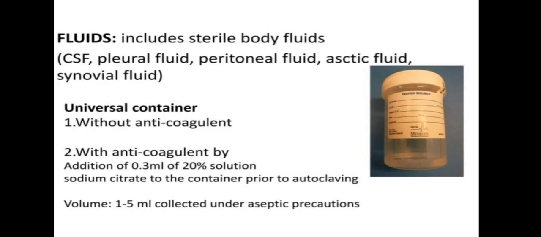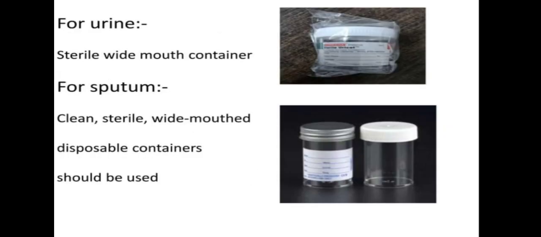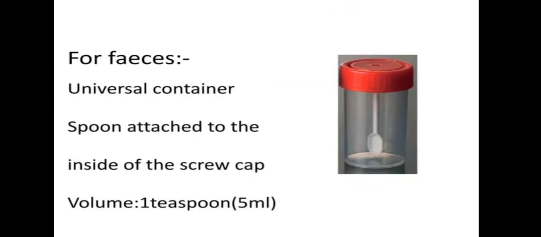For urine, a sterile wide-mouth container is used. For sputum, a clean sterile wide-mouth disposable container. For feces, a universal container with a spoon attached inside the screw cap, and the volume should be 1 tablespoon, which is 5 ml.